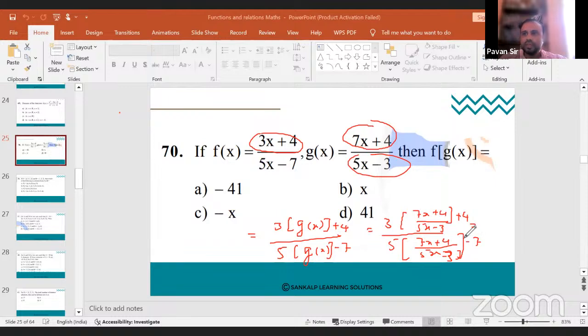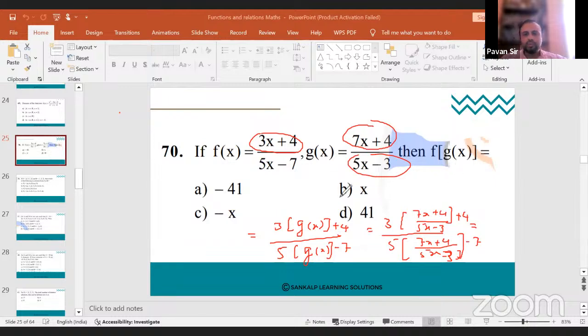Some of you gave the answer as minus x. No, minus x is not the correct answer. It is x that is the answer for this. Option B. SP Ganesh, Mallikarjun, Birappa, many of you have given the right answers.